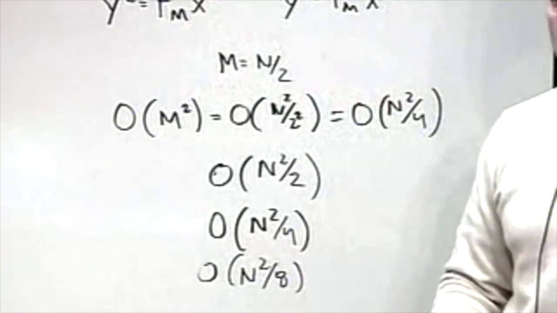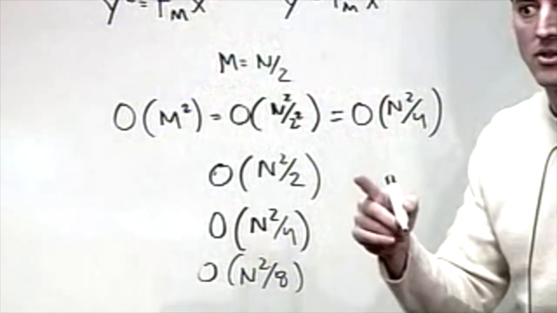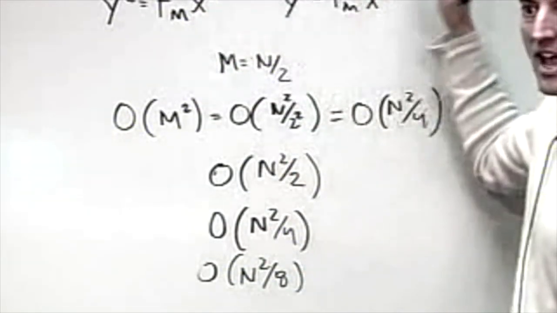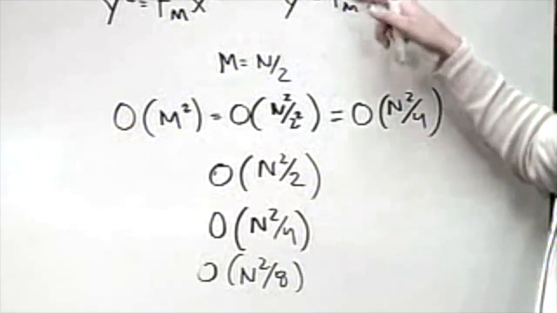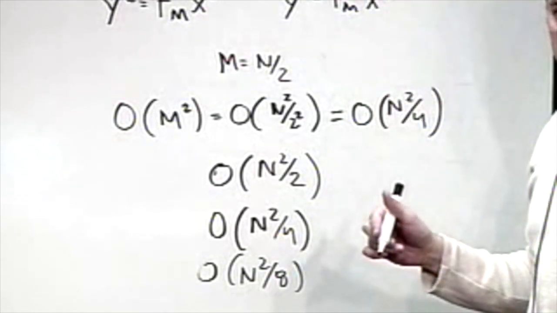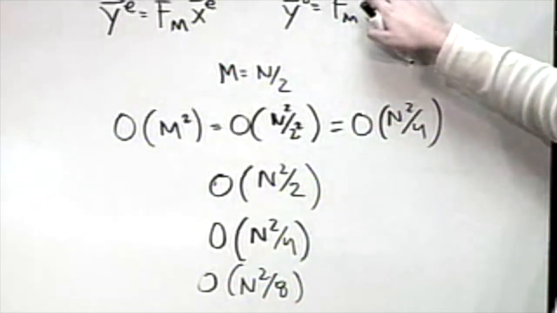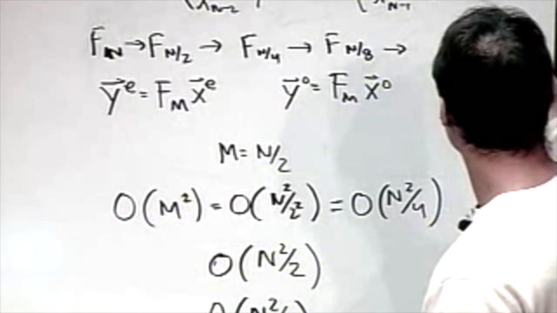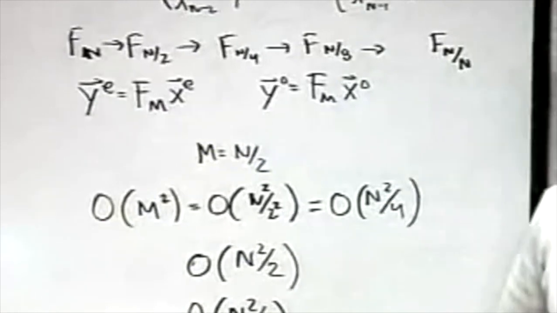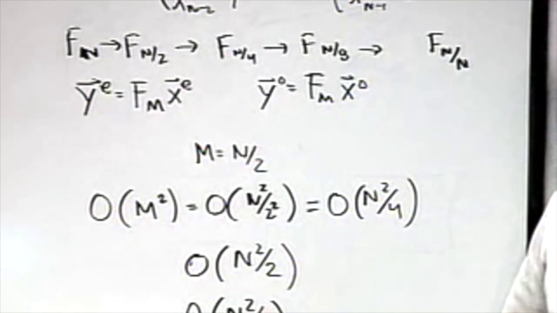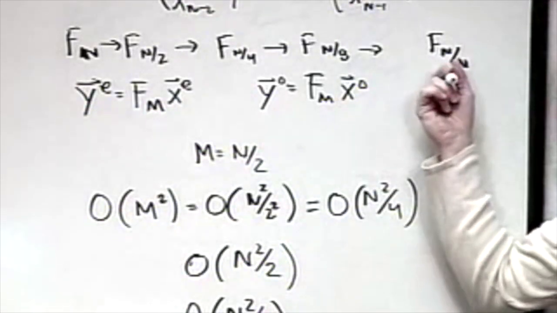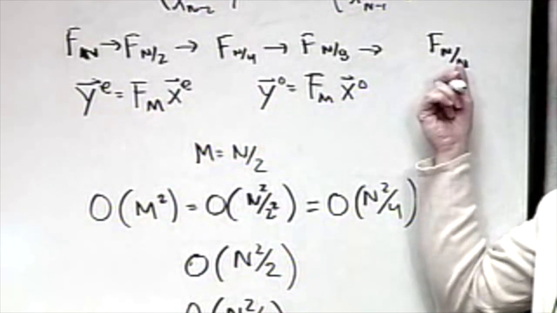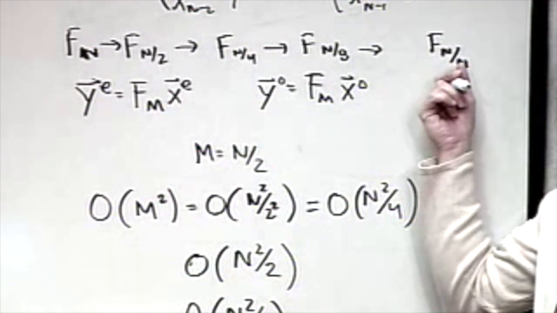This is why you want to use 2 to the n Fourier modes, because you keep splitting it in half and half and half until you can't split it anymore. Until this becomes f of n over n. And then what ends up here is just a 1-by-1 problem. You can't go any further down than that.